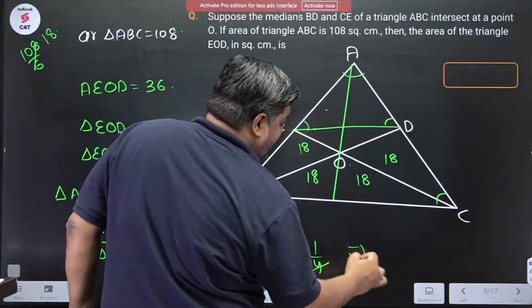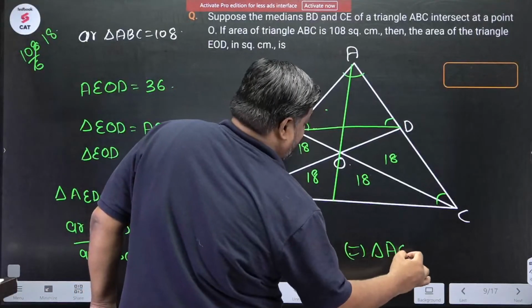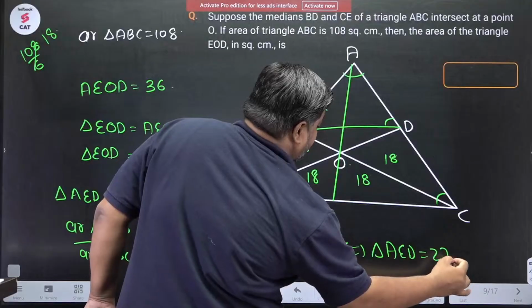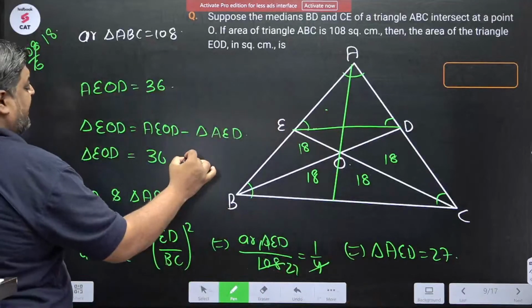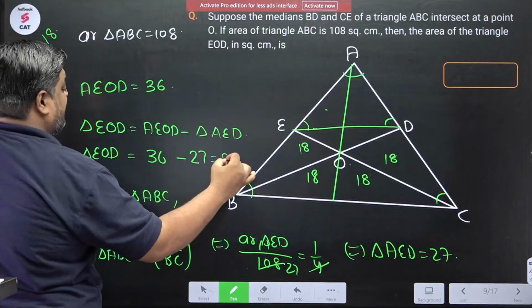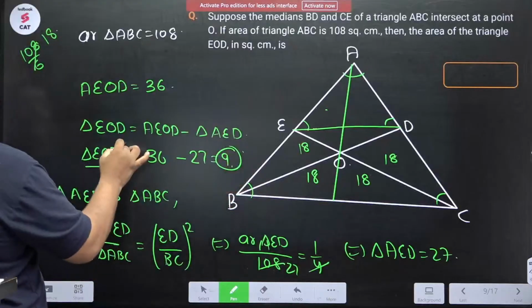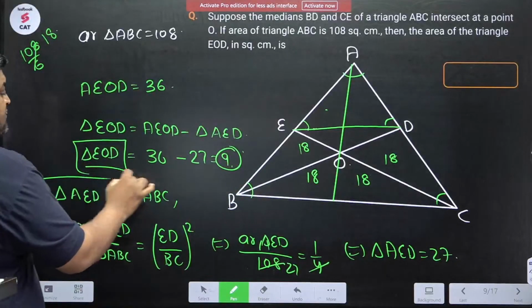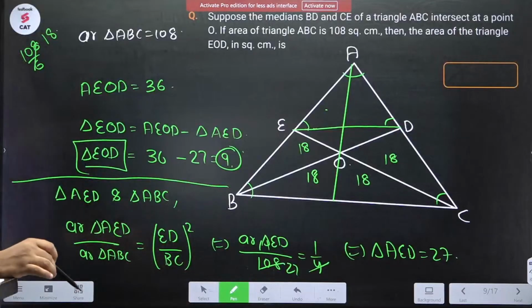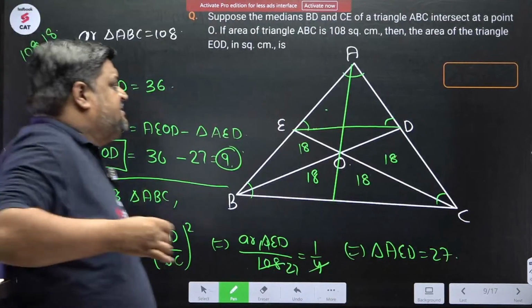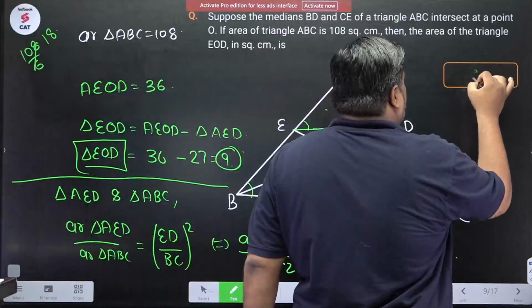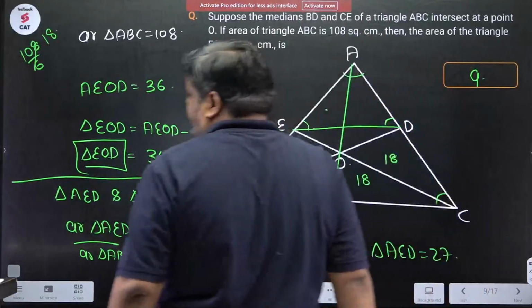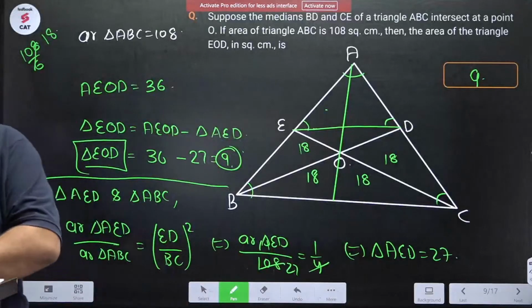Area of triangle AED is 27. Put this value over here. AED की वैल्यू यहां पुट कर दो, you will get 9, which is the area of EOD. Sorted. और ये उनको ही समझेगा, those who are paying attention from the very first class of geometry.